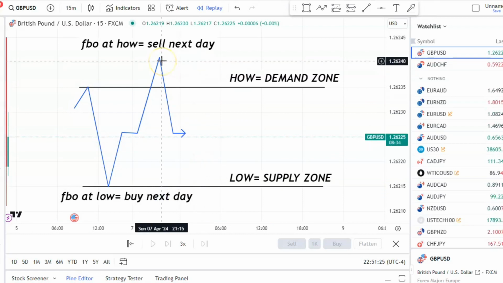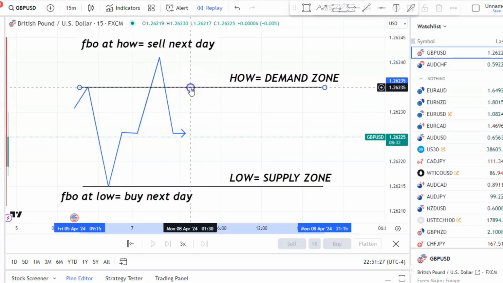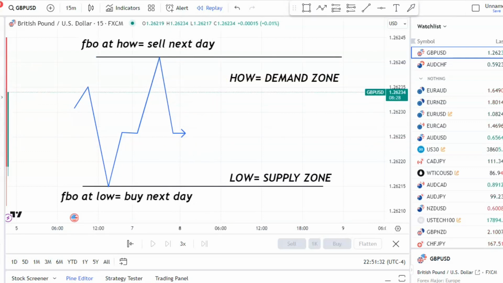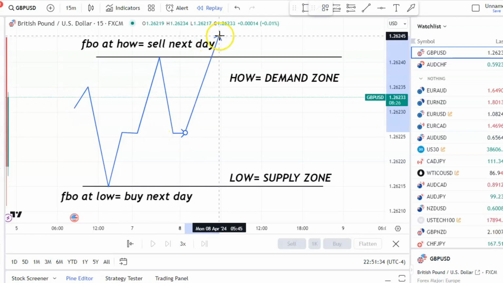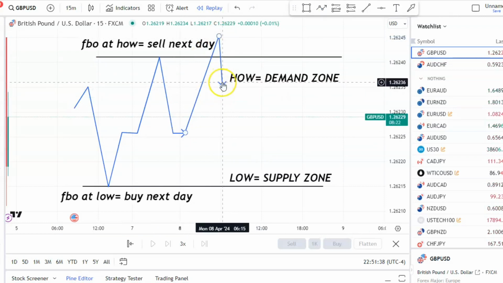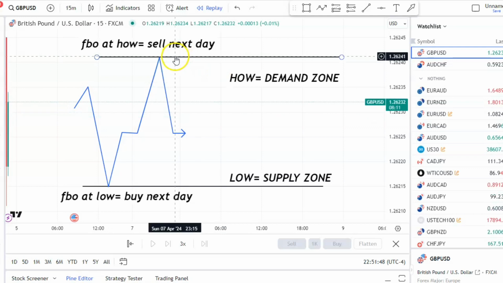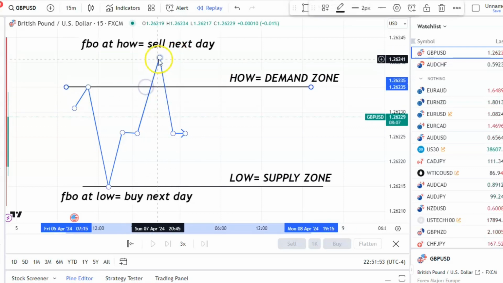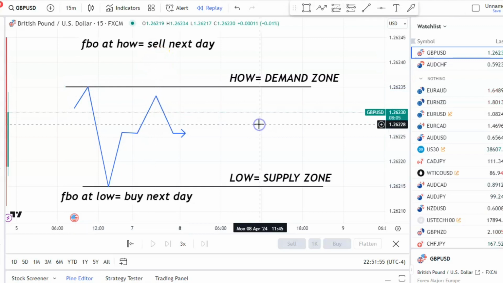If we don't have a failed breakout, all we do is readjust our high to that new high of the week, and then we wait for another failed breakout to tell us, alright, we are ready, the demand is there, or the supply is there. Now, also, it's very important to note that the high of the week is the ultimate place where we have demand.